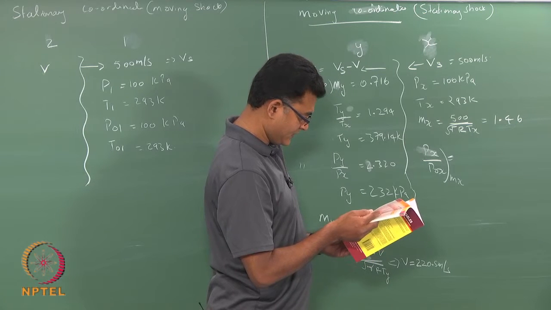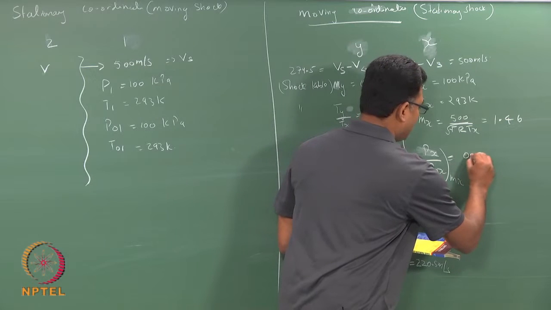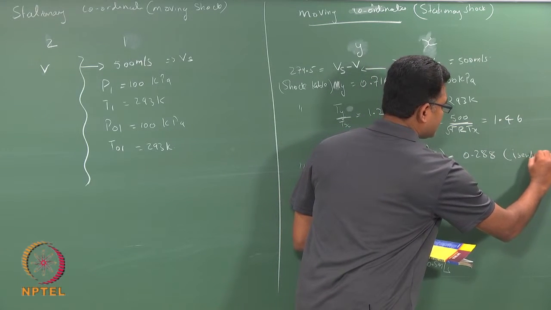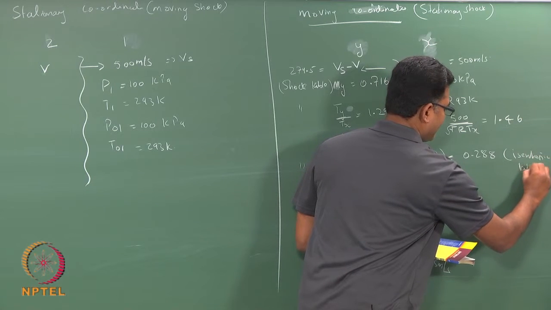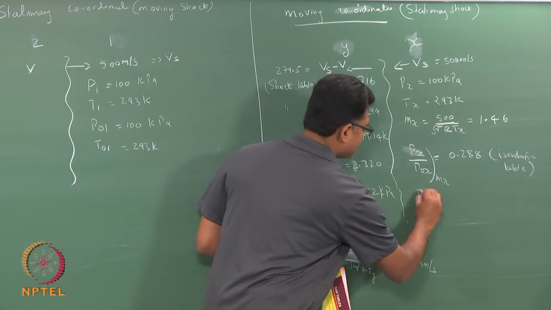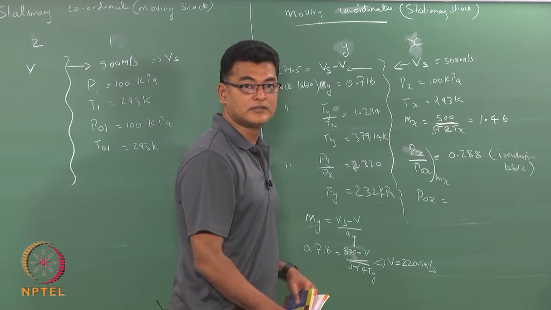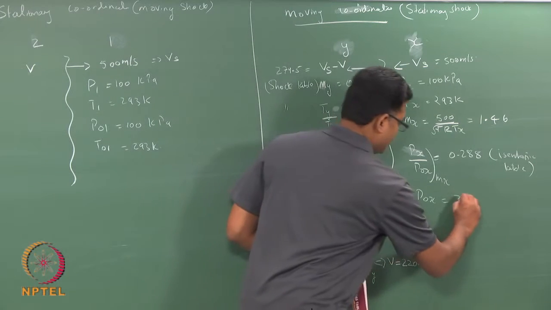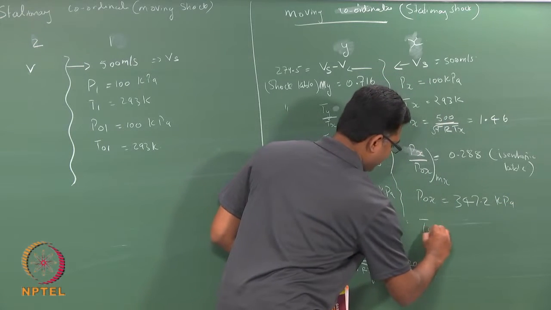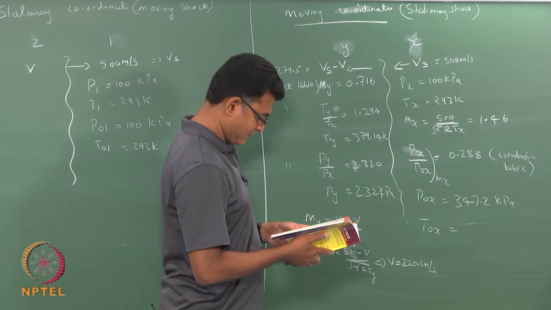Mx is 1.46. This ratio is 0.288 from isentropic tables. So my P0x is 347.2 kilopascal.